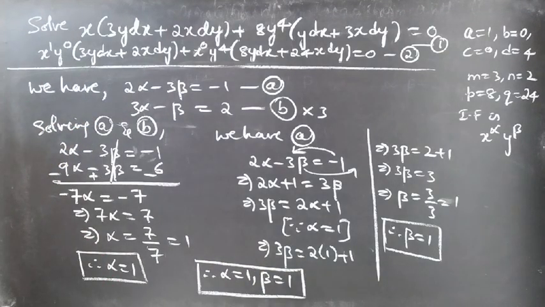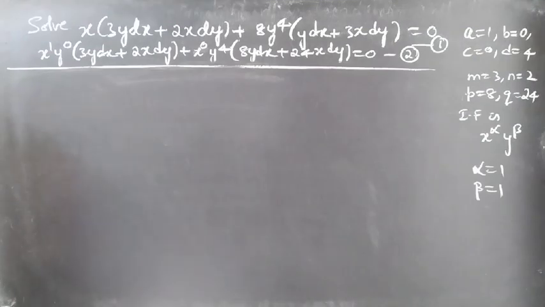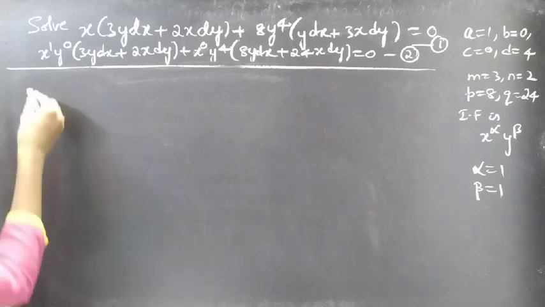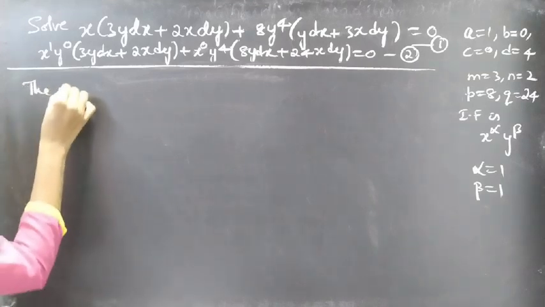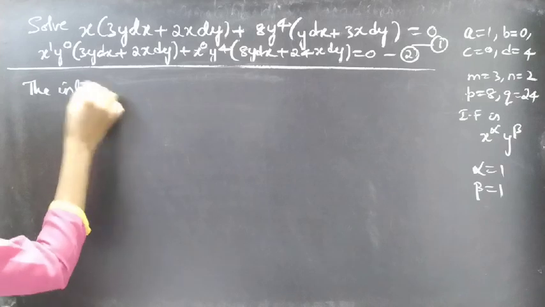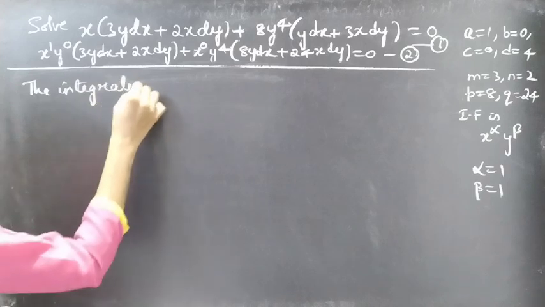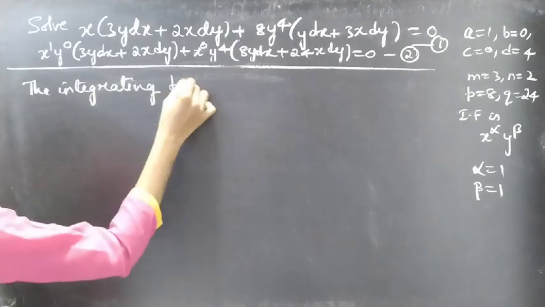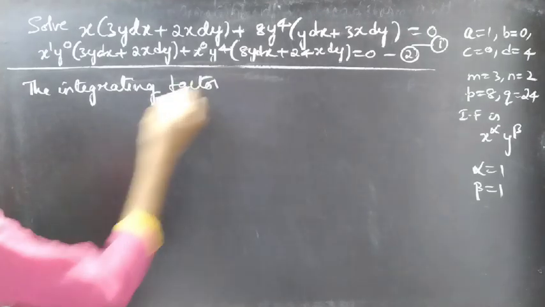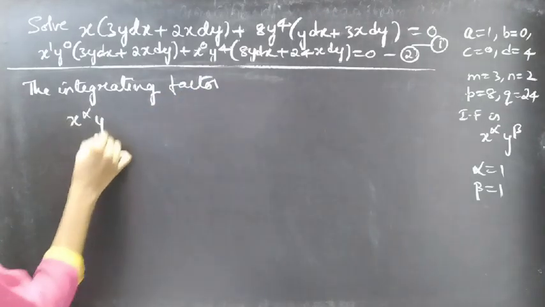Now we can find the integrating factor for our problem. Since we got the values of alpha and beta, the integrating factor becomes x power alpha y power beta.